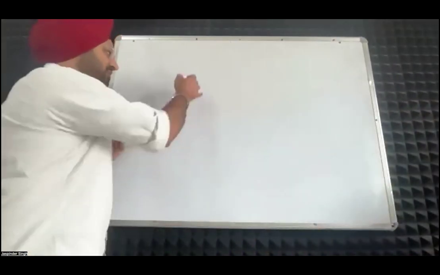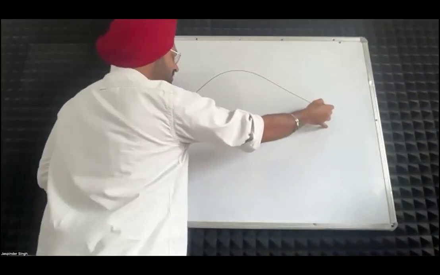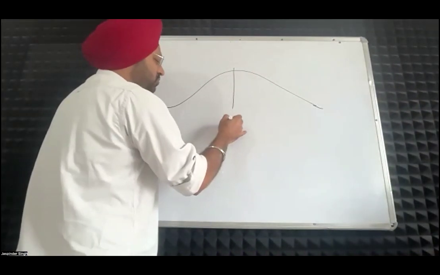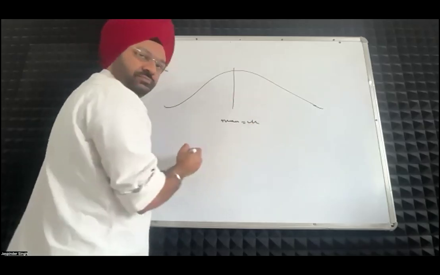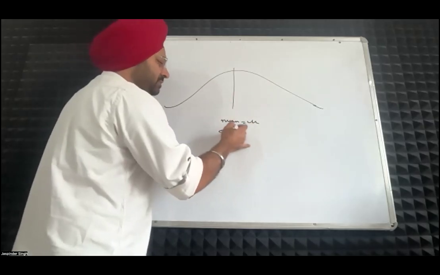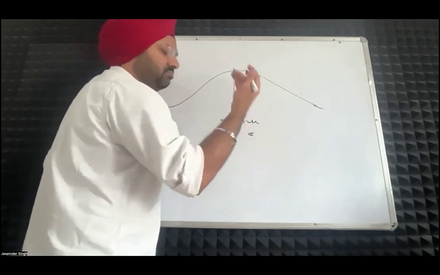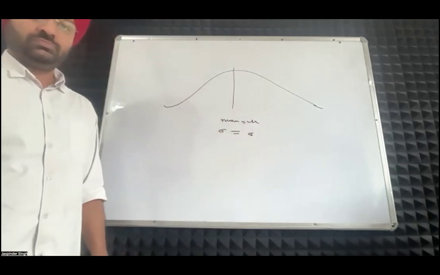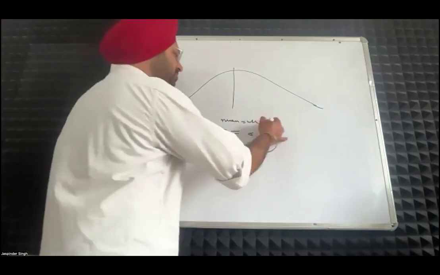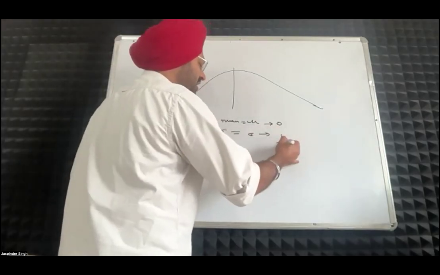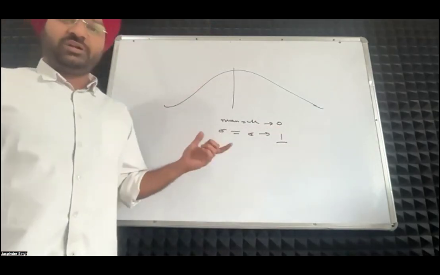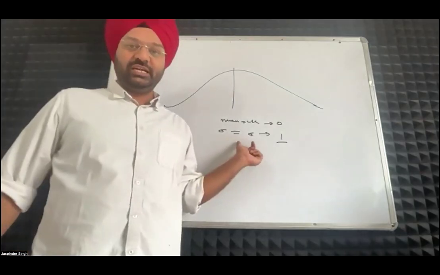What is normal and standard normal? A normal distribution is basically a bell curve with mean as mu, which can be anything, and standard deviation equal to sigma. And it is a standard normal distribution if the mean is 0 and the standard deviation, sigma, is 1.